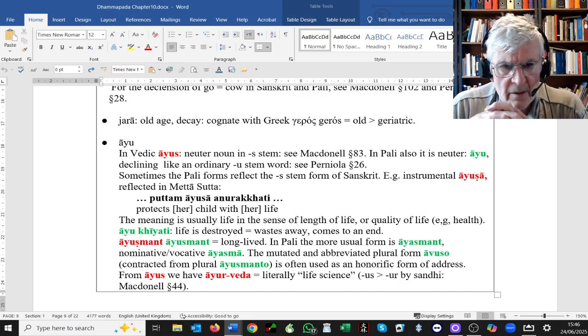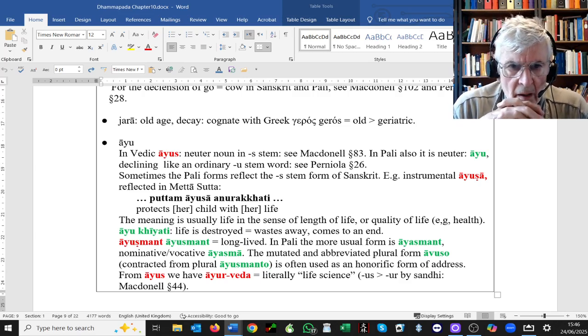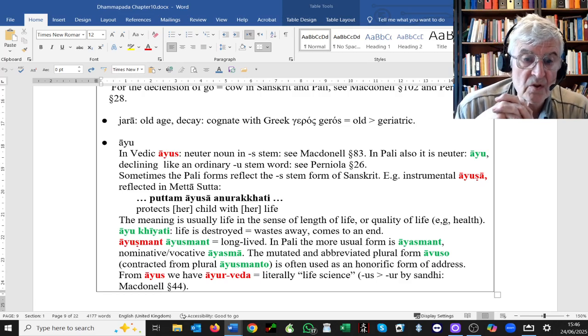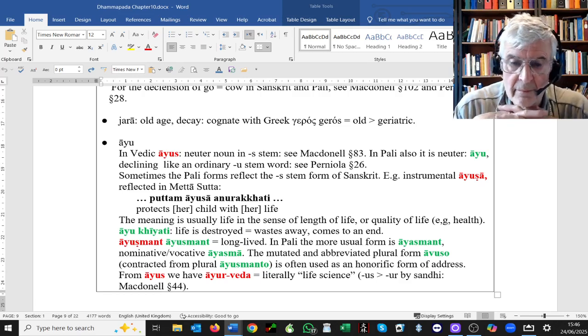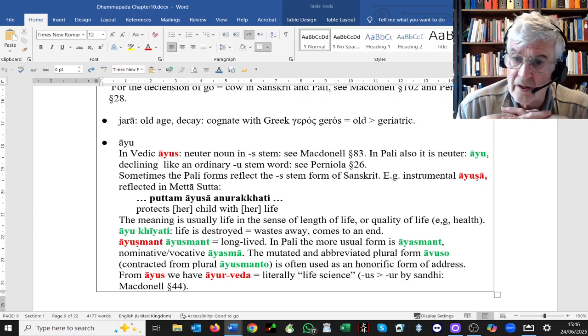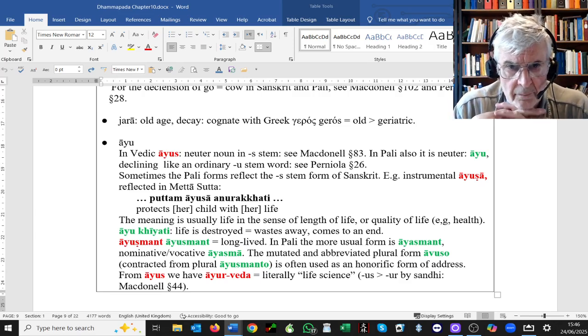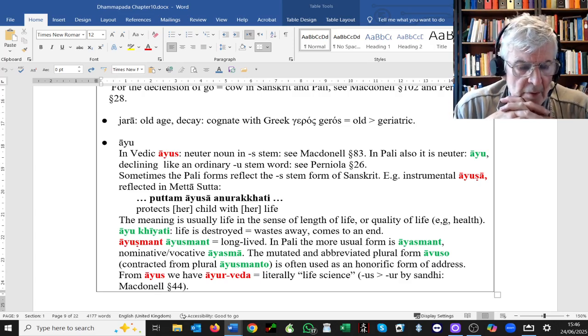And it's from that same ayu that we have, for example, Ayurveda in Sanskrit. The Ayus Veda becomes Ayurveda by Sandhi, which literally means life science. That's the literal meaning of the word. And we have it as an honorific used among monks.